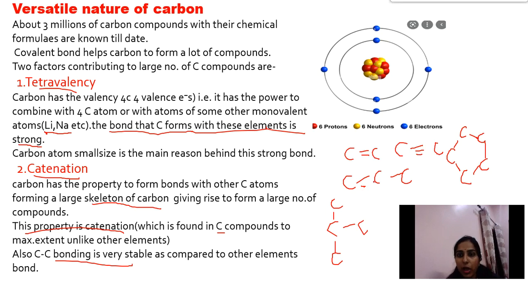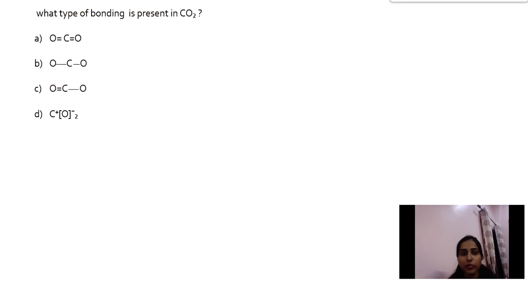And the compounds which have double bonds and triple bonds between their carbon atoms are called unsaturated compounds. So I hope now you have understood why carbon has a large number of compounds unlike other elements' compounds.